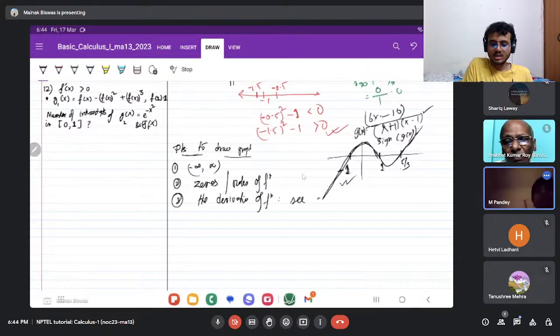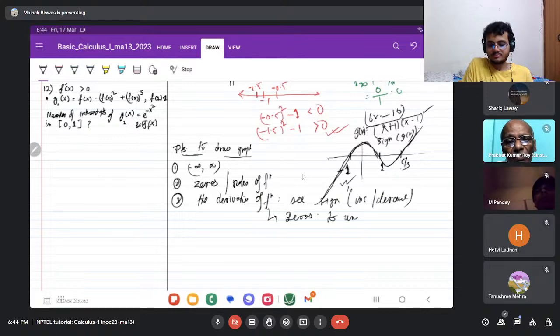See zeros and poles of this. See the sign, so we understand increase or decrease, and zeros to understand minima, extrema of the function.